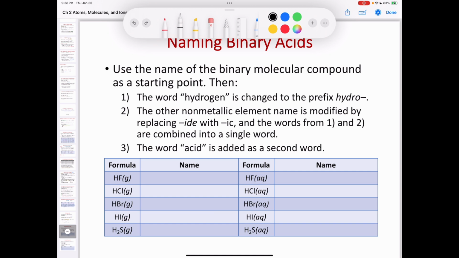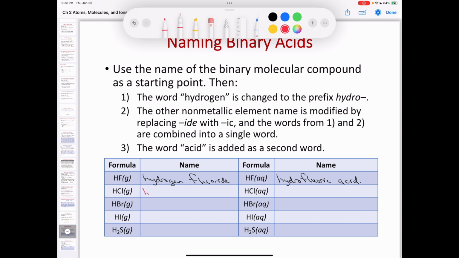Hydroiodic, etc. And then you just throw the word acid at the end. And so this first compound here, right, if it's a gas, this would be called hydrogen, right? All prefixes out the windows. Hydrogen fluoride, okay? But when it's HF(aq), you'd call this hydrofluoric acid.